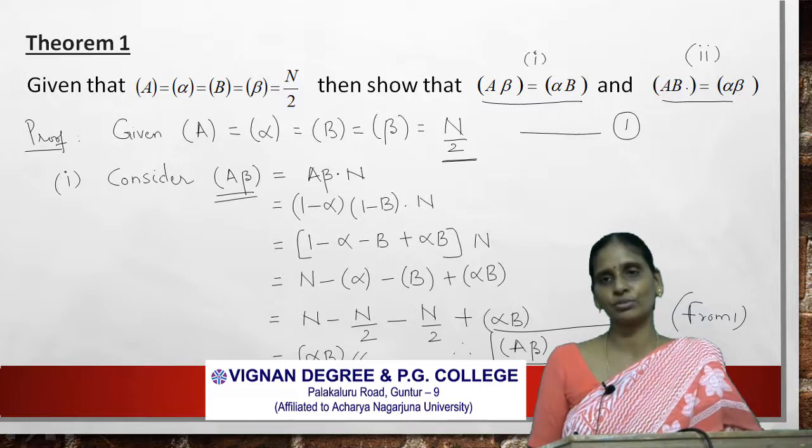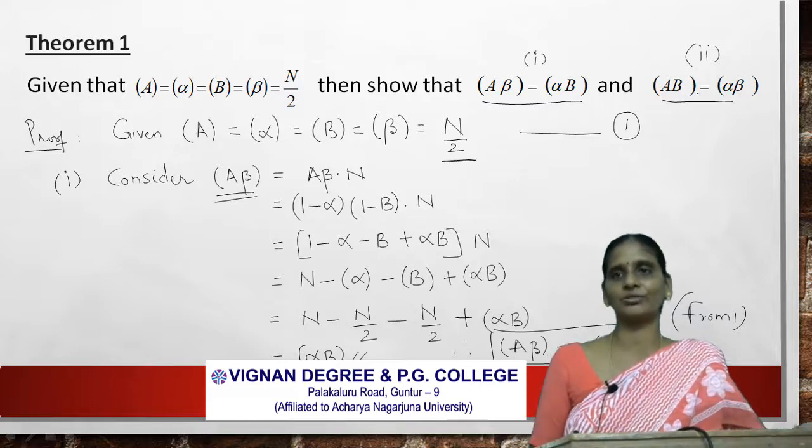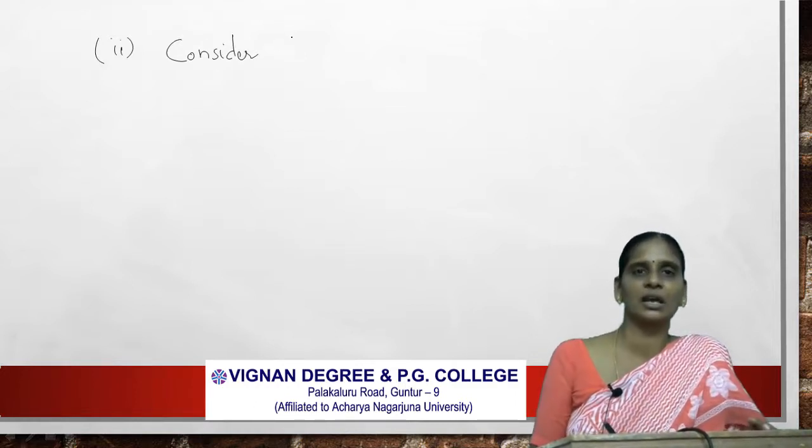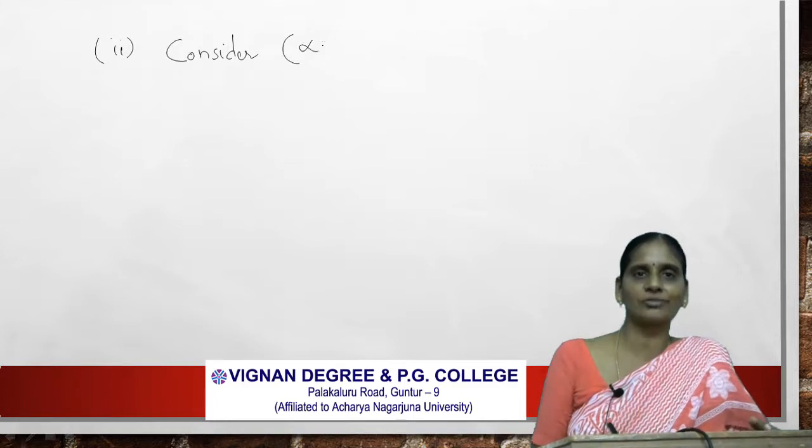We have to prove the relation frequency of AB. Now the proof of the second condition. Here we have to consider the right hand side class frequency, frequency of alpha beta.